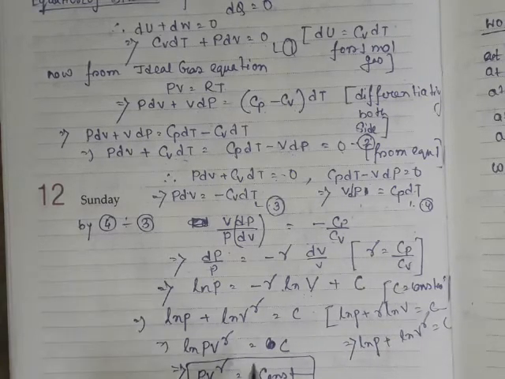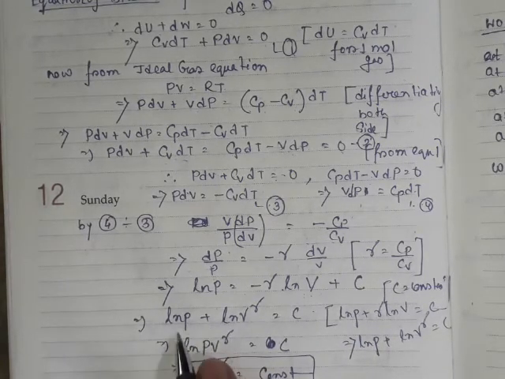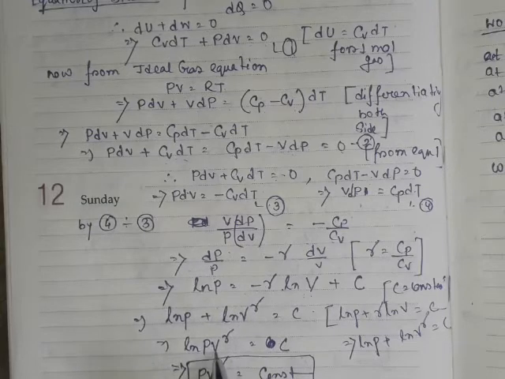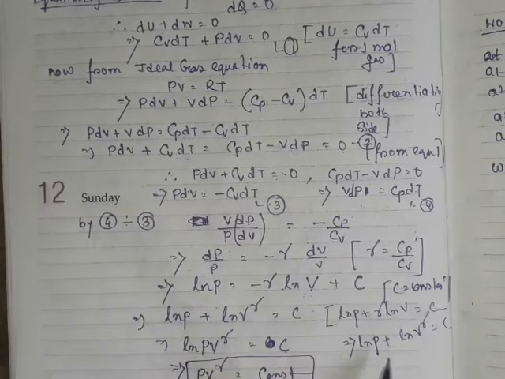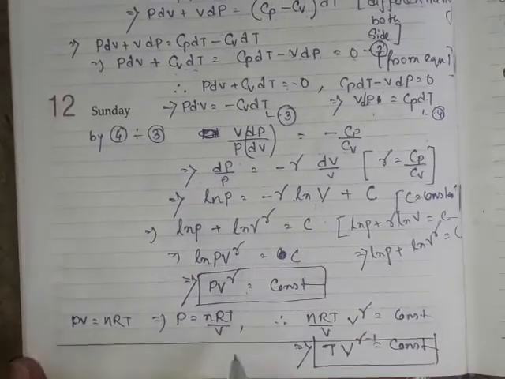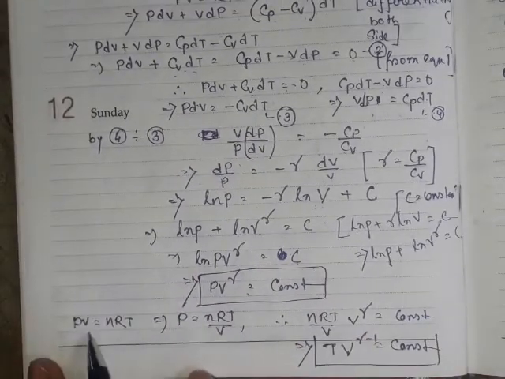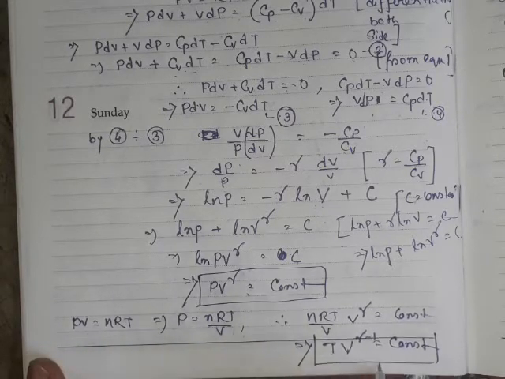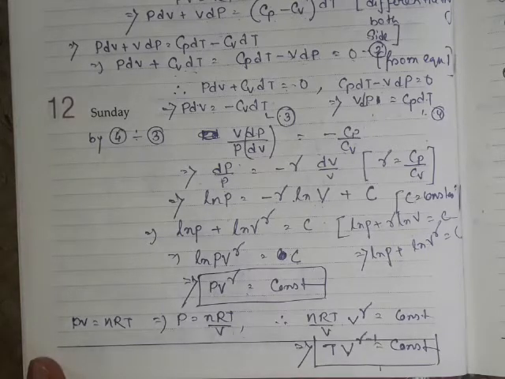Since log a plus log b is log of a times b, PV to the power gamma equals C, that is a constant. Ln of PV to the power gamma equals constant, that means PV to the power gamma will be constant. Now you have the equation for the ideal gas, PV equals nRT. Just put this value here, and you will get a relation for temperature and volume.